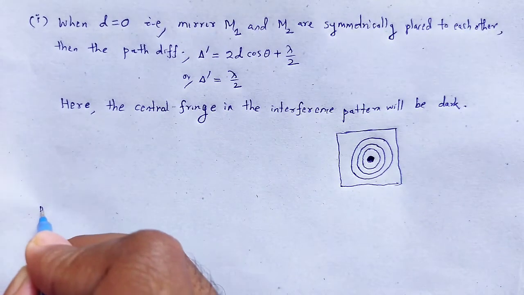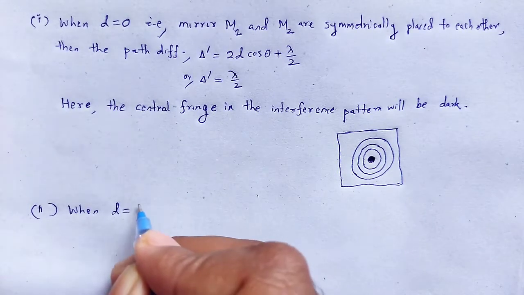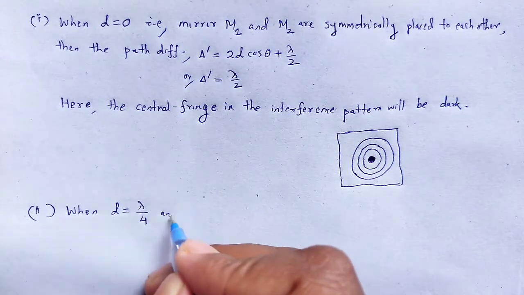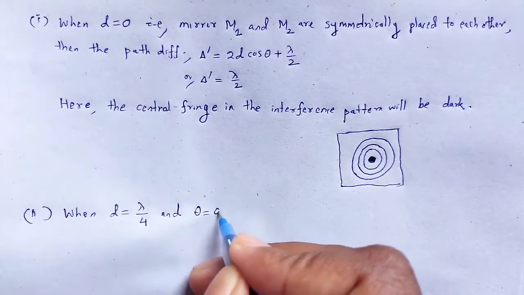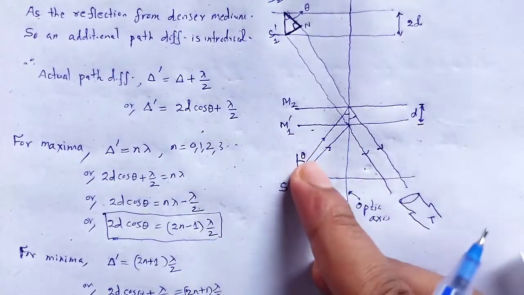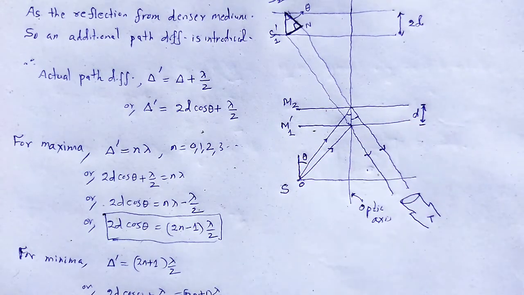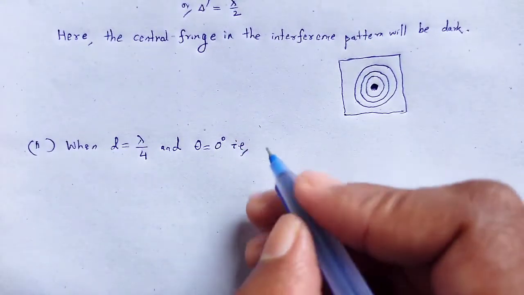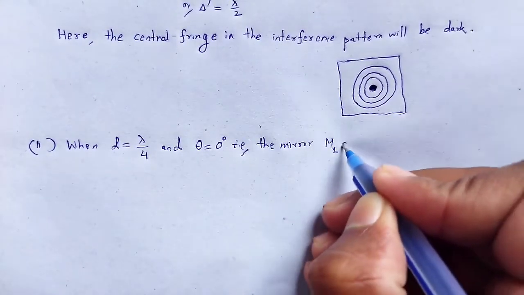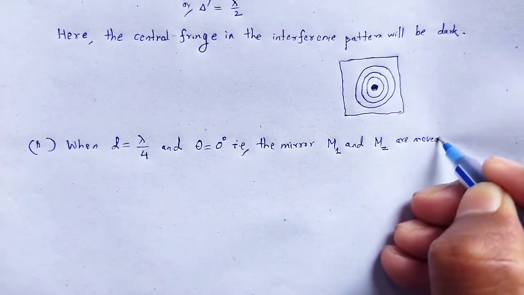Next condition, when d is equal to lambda by 4 and theta is equal to 0 degree, that is, the angle theta is equal to 0 degree, meaning mirrors M1 and M2 are moved apart.